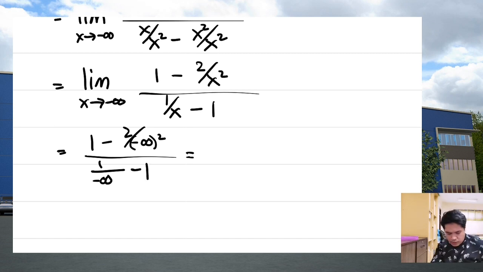So what will happen kaya sa value dito? Okay. So anong mangyayari? If you square negative infinity, that will become positive infinity, right? So this will become a number, this will become 0. So 1 minus 0 is 1.